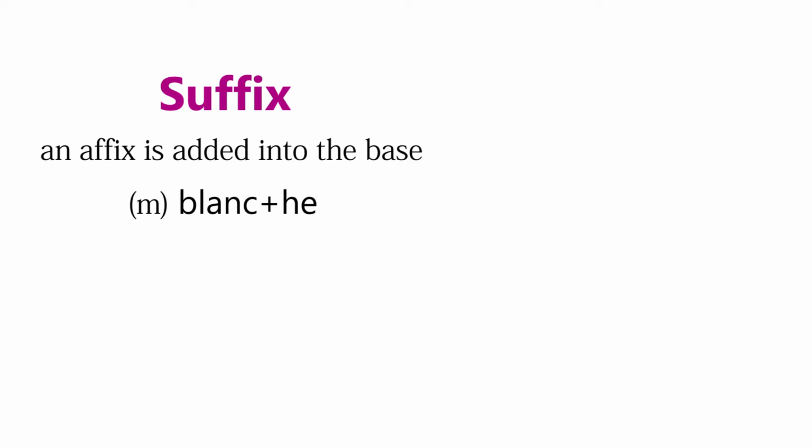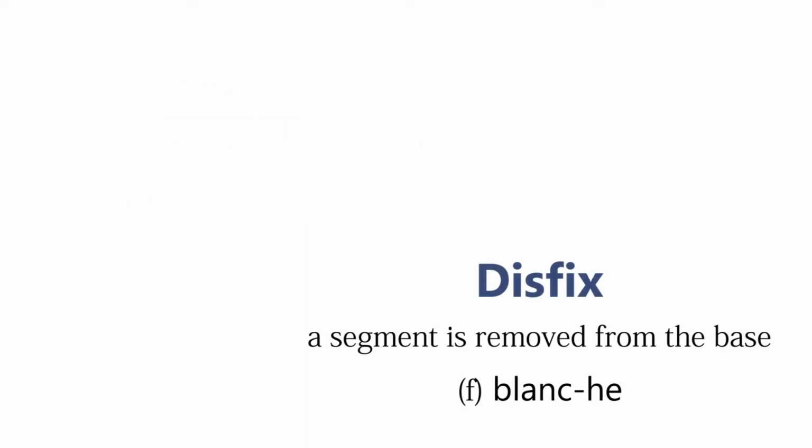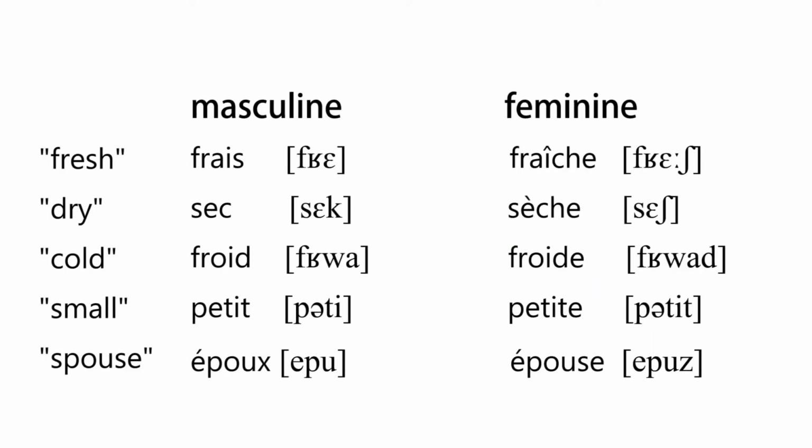But you can go the other way and say the feminine is the main form, and the masculine is derived by deducting the last consonant, which is by disfixing the last consonant. Then that could provide an easier explanation, especially if French is not your native language.